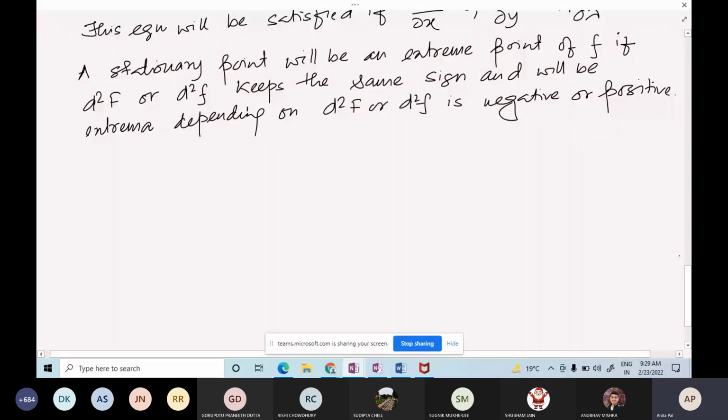Only one thing I'll just let you know, that d2f, small f, capital F, doesn't matter, can be written as ddf. And if we derive this one, df is written as actually fx dx plus fy dy.